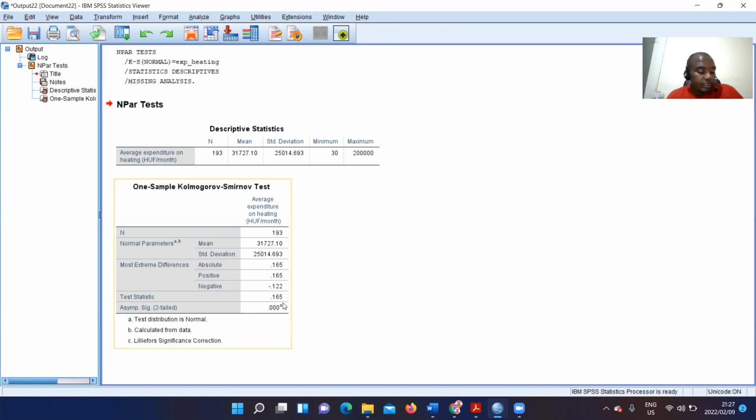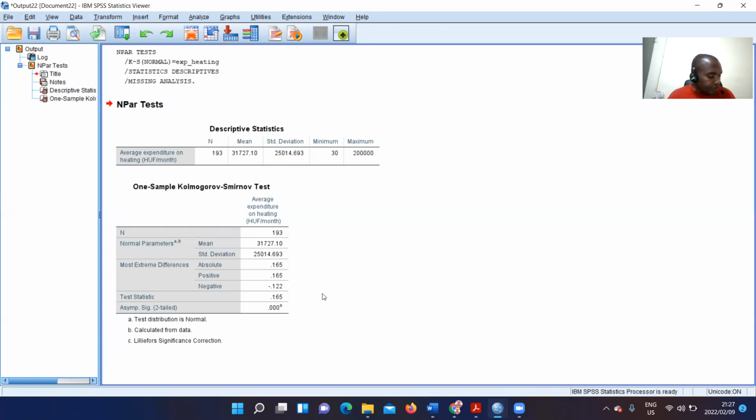And here the conclusion clearly is that the average expenditure on heating does not follow a normal distribution.